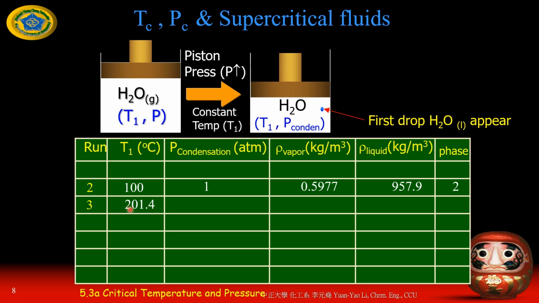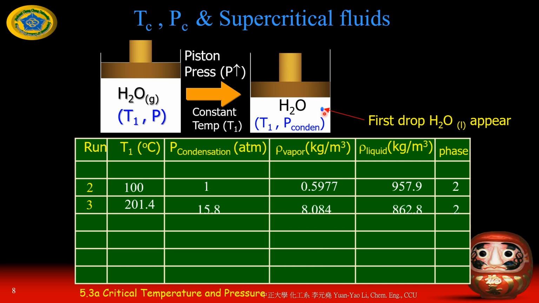And then you find out, when you push the piston down and the first drop of the liquid comes out, please tell me, will the pressure be higher than 1 or lower than 1? Which one? You need to push harder, or you don't need to push that much in order to get the first drop of liquid to come out?